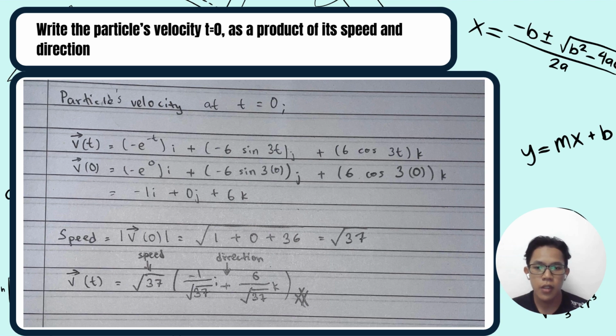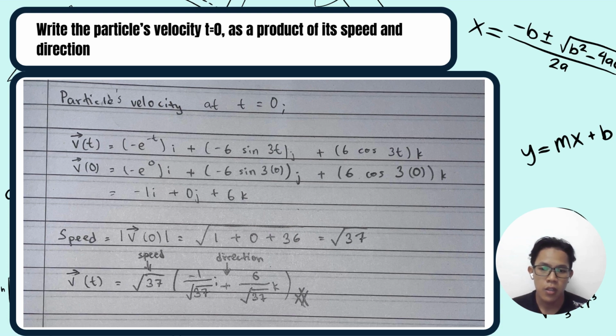Then v of 0 is equal to square root 37 times negative 1 over square root 37 i plus 6 over square root 37 k.